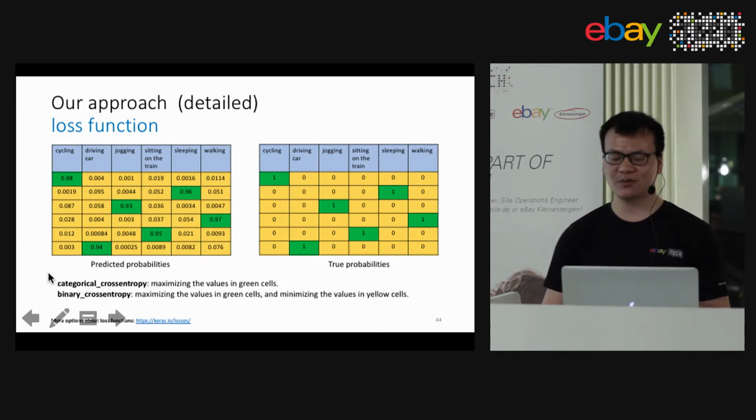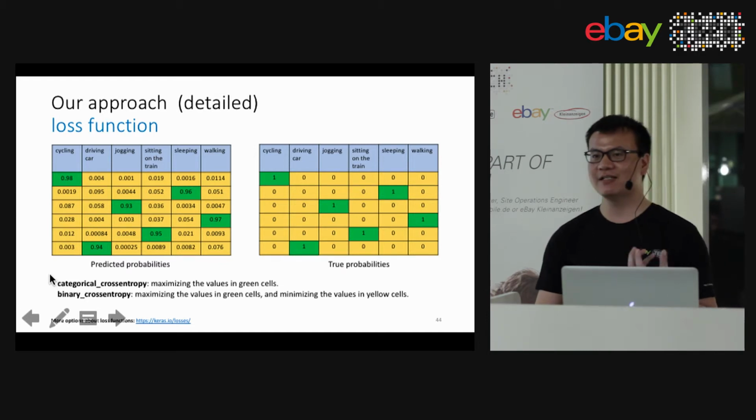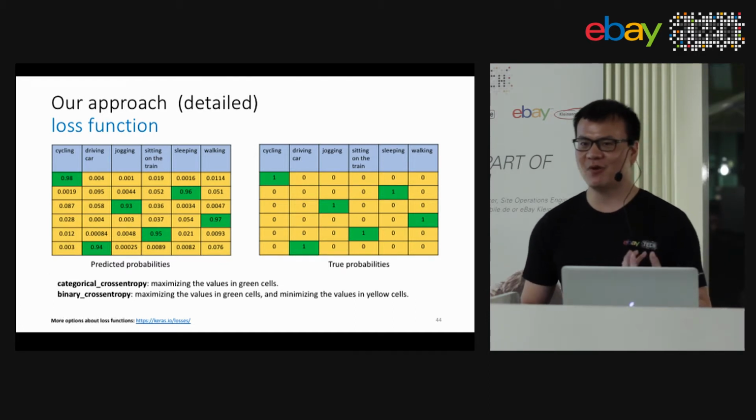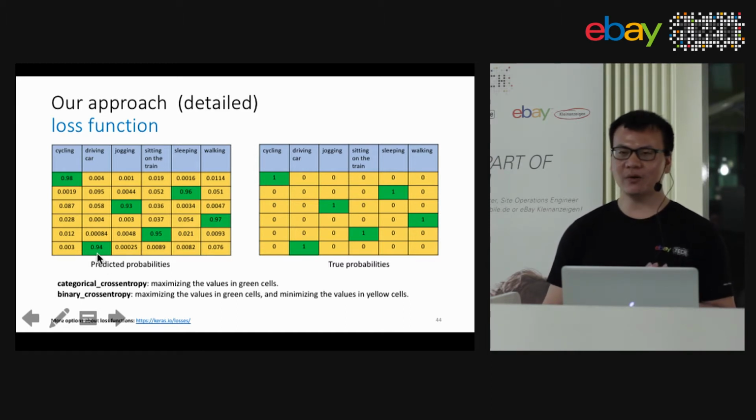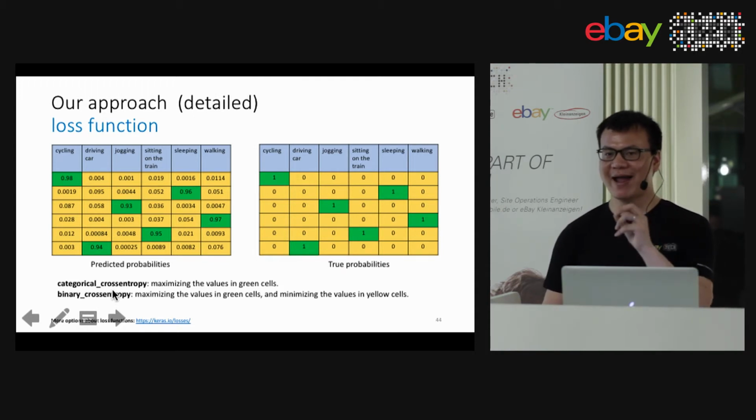These two loss functions are very confusing for deep learning beginners. So what's the difference between these two? For the categorical cross entropy, it only maximizes these green values. For the binary cross entropy, it will do one extra thing.